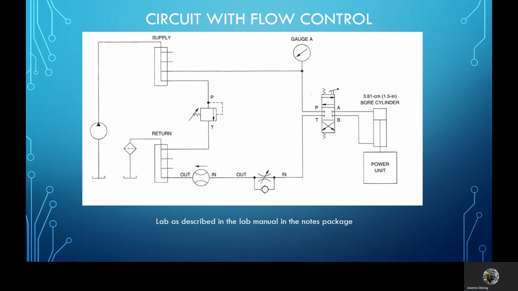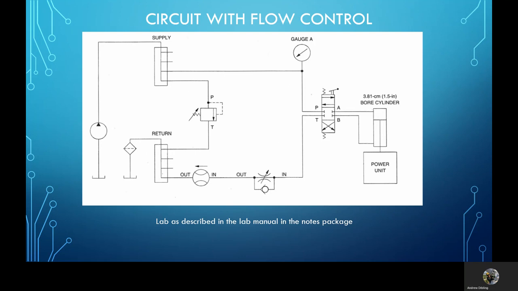The check valve is there to allow full flow in one direction and a metered flow in the other direction. So as a result of that, you are going to see a change in speed in one direction and free speed in another. So basically what ends up happening in this circuit is flow is unchecked in one direction and slowed in the other. And we saw that in the experiment.